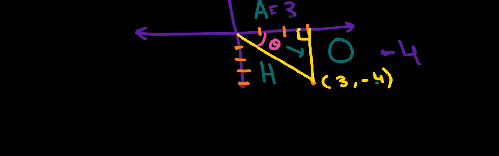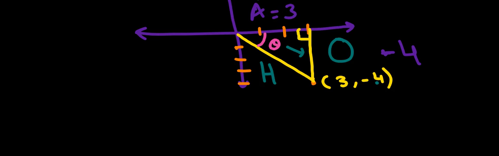That's equal to 3. And hypotenuse you'll have to find. So what I'm going to do here is let me erase this one here and then write. So this was A equals 3.